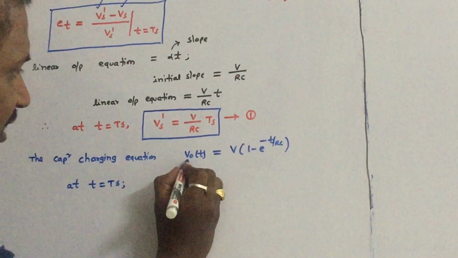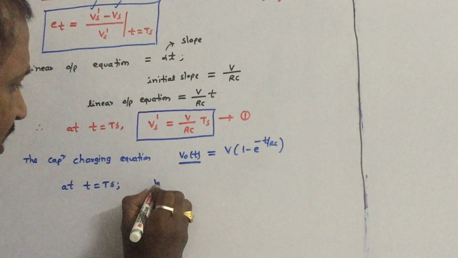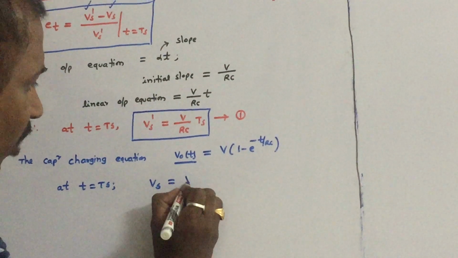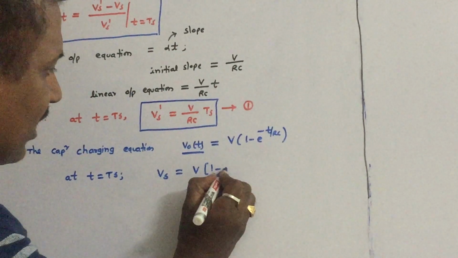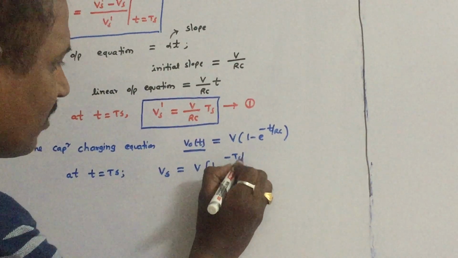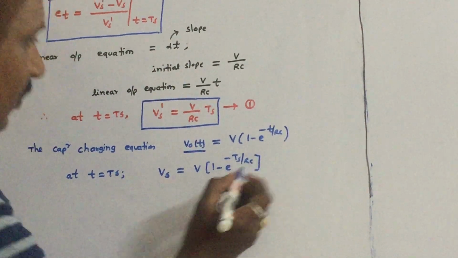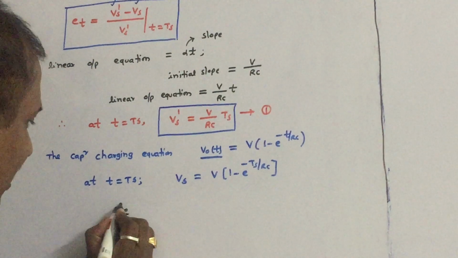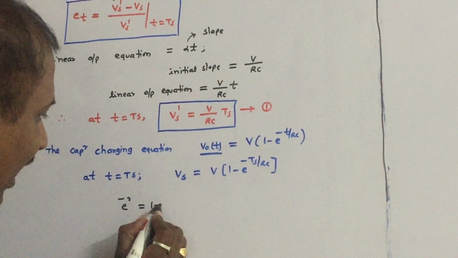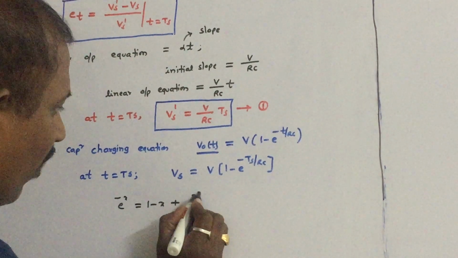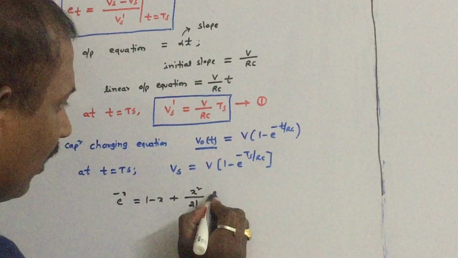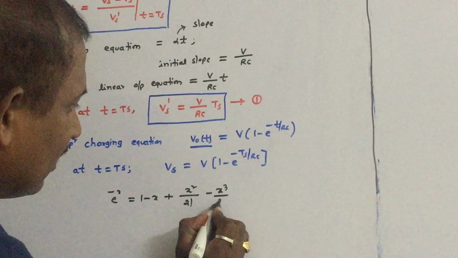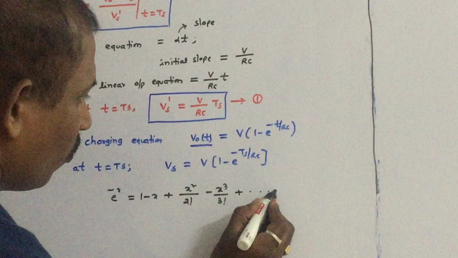So in the graph, what is the voltage? We have represented it as Vs. So that is equal to V into 1 minus e power minus Ts by RC. You know that from the e power x equation, e power minus x is 1 minus x plus x square by 2 factorial minus x cube by 3 factorial and so on.